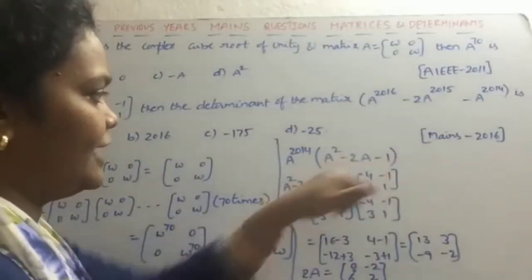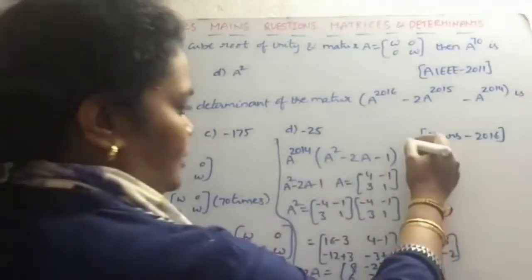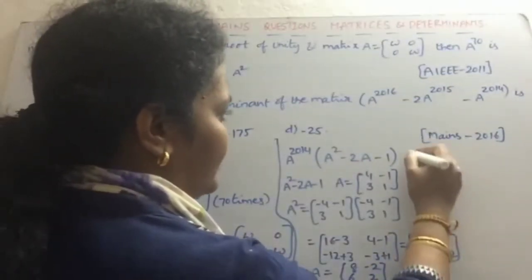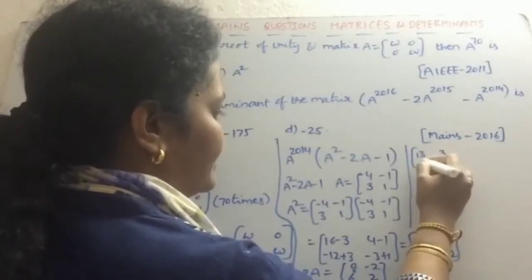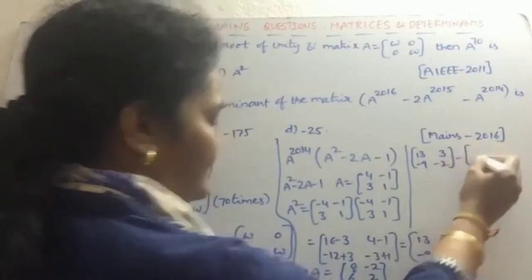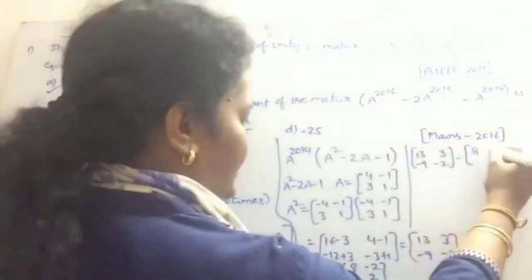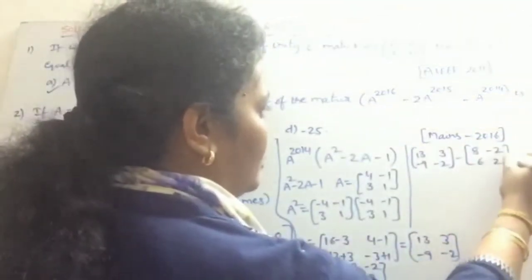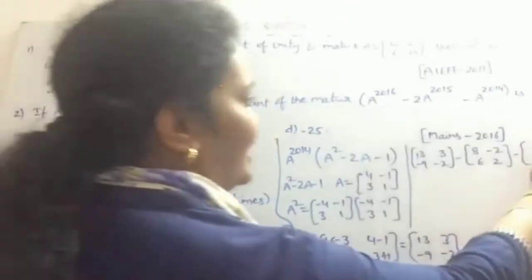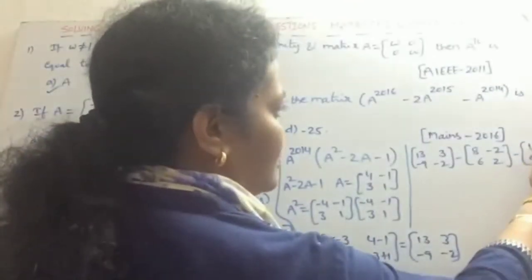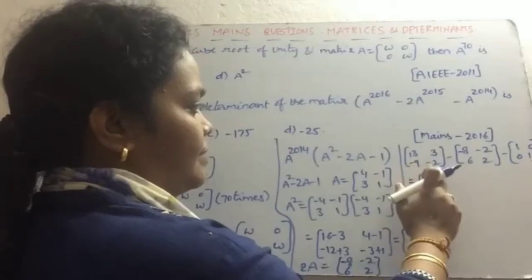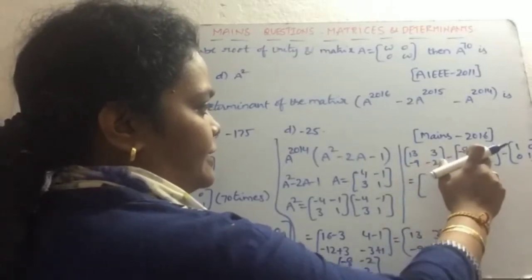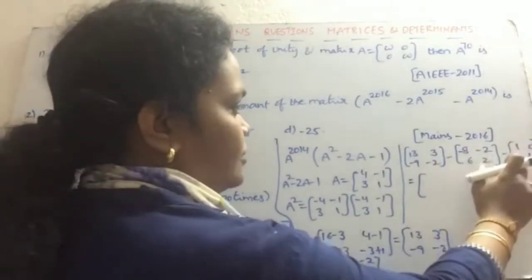Then we get A square minus 2A minus 1, that means 13, 3, minus 9, minus 2, minus 2A means minus 8, minus 2, 6, 2, and minus the identity matrix 1, 0, 0, 1.